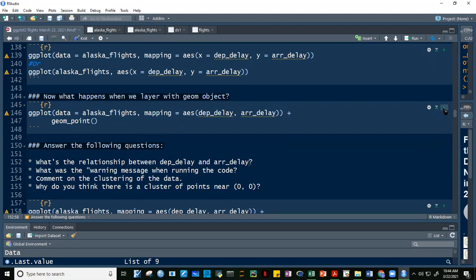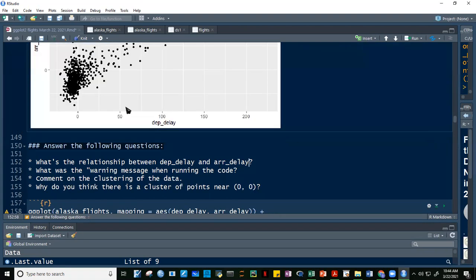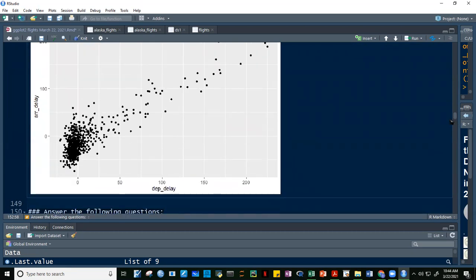How about, guys, yung clustering of the data? Ano ibig sabihin yan? Nagka-cluster siya dito, no? It means that there were many flights that were what? Either on time, no? Kasi nagka-cluster sila dito sa 0, 0, or many flights also departed ahead of time. Kasi yung departure delay niya negative.